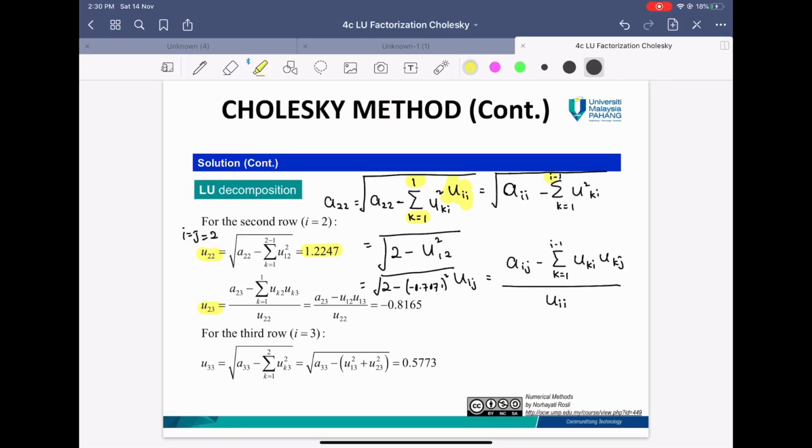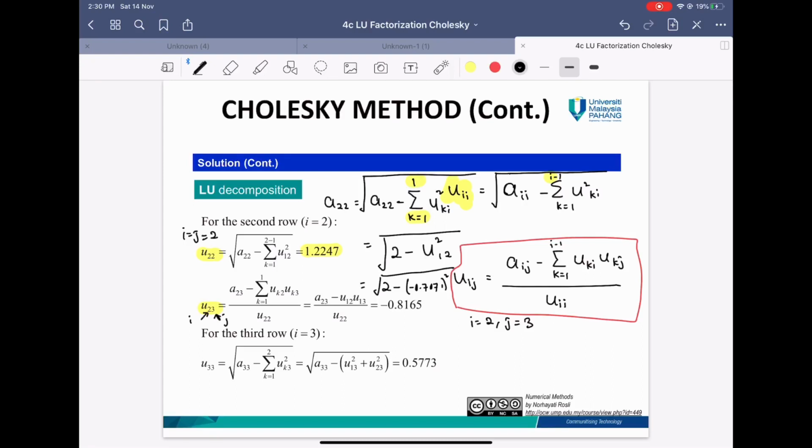Okay, now we look at U23. For U23, we have to apply this formula. Substitute i equal to 2, j equal to 3. This is our i, this is our j.